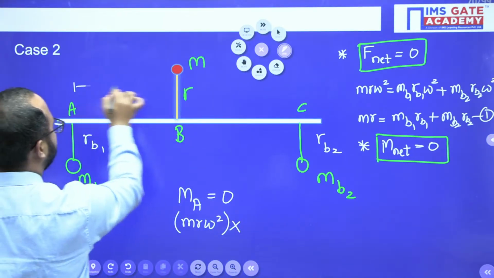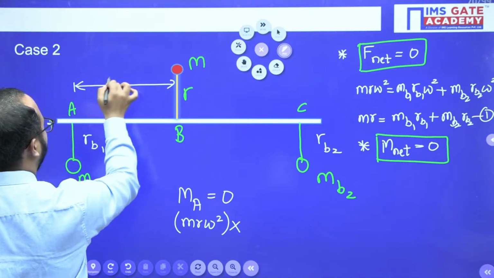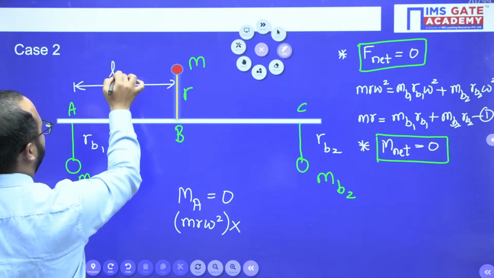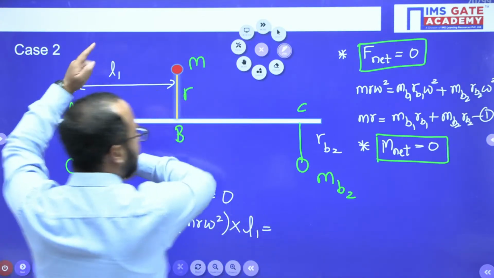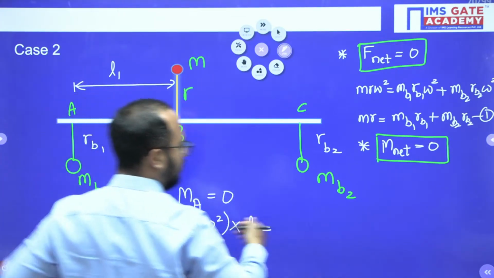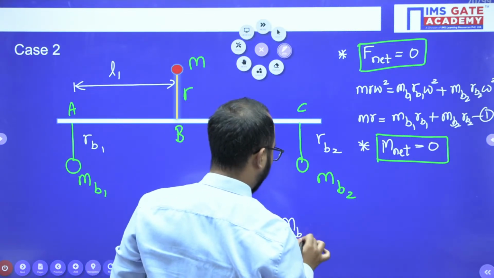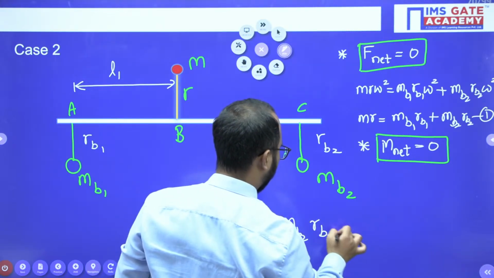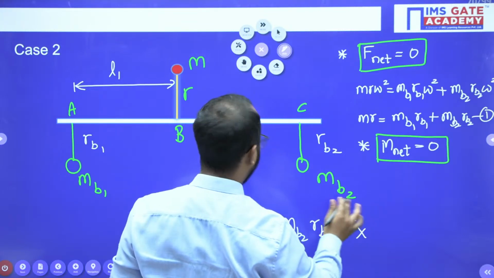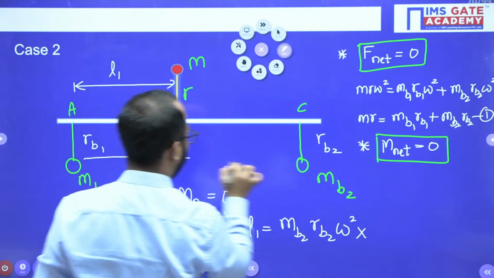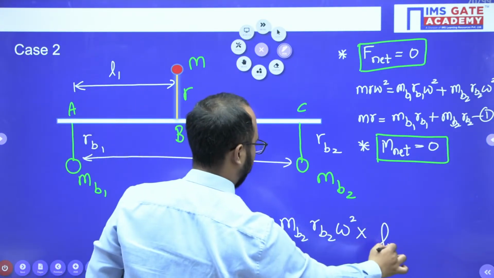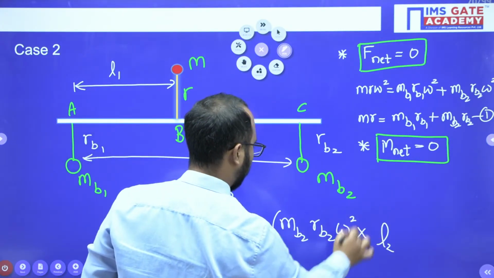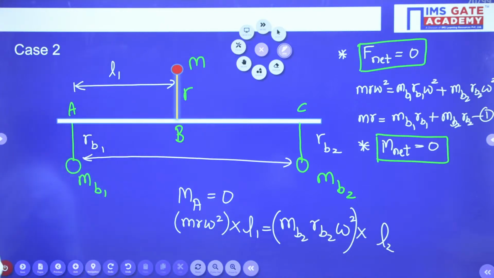Let's suppose the distance is L1. So we multiply L1, equals, because this is anti-clockwise and this is clockwise, mB2 into rB2 omega square into L2 distance. Let's suppose this distance is L2. Clear, everyone? I hope this is clear.